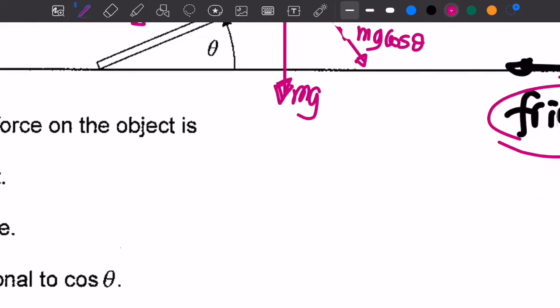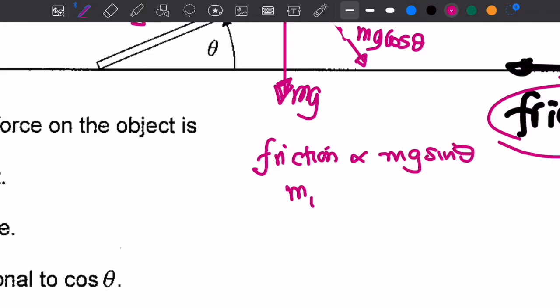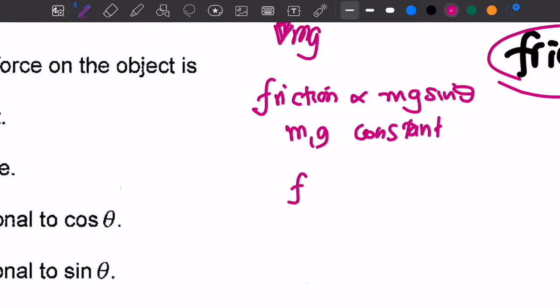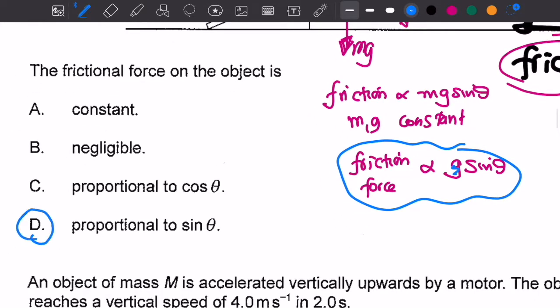From here, for this situation, we can write friction force is proportional to mg sine theta, right? But m and g are constants, so I can change this concept into friction force is proportional to sine theta, right? Answer is D.